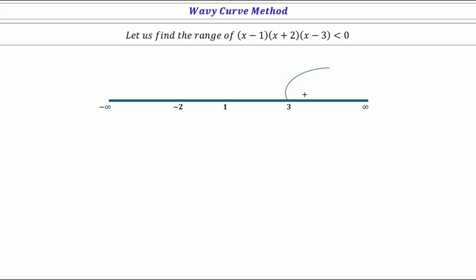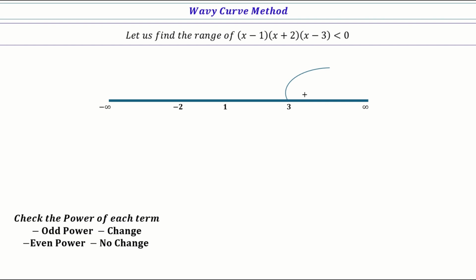Now, at 3, between 1 and 3 is the next solution part. At 3, what happens? What is the power of x minus 3? The power is only 1, which is an odd number, correct? So we have to consider two things. If the power of the expression is odd, then change the curve direction.